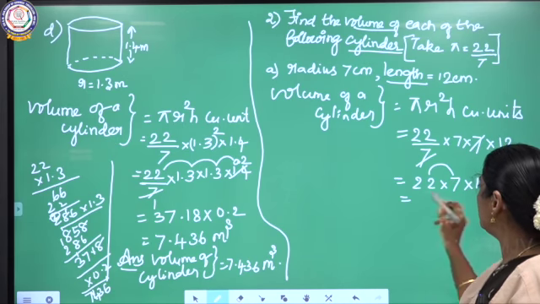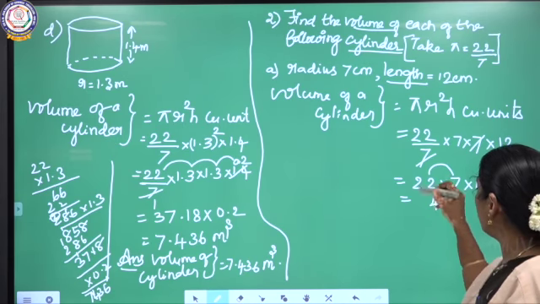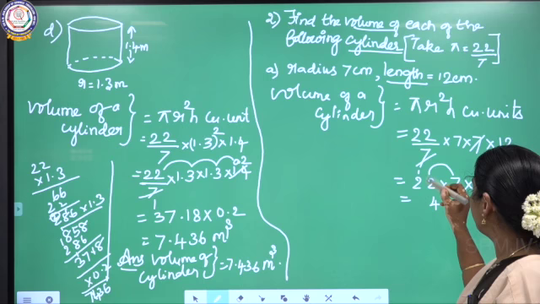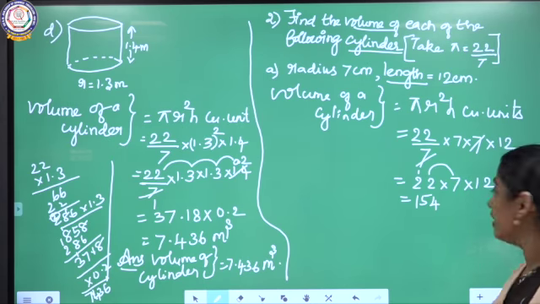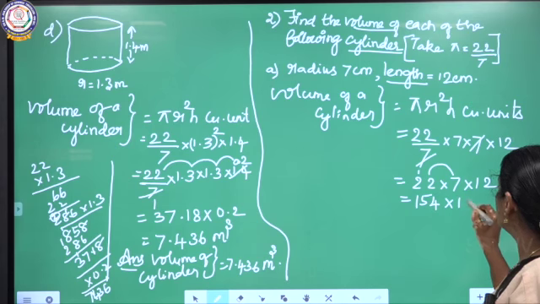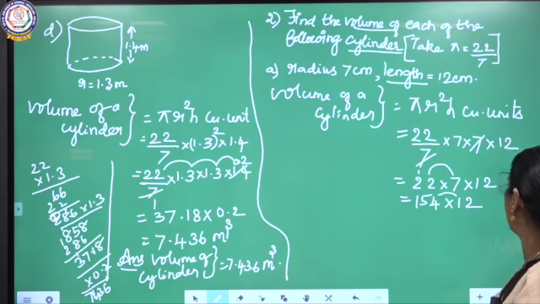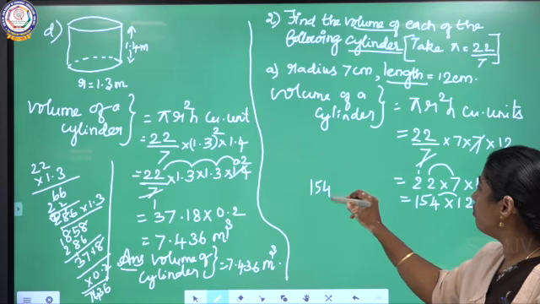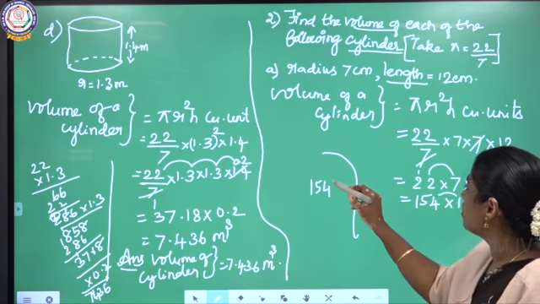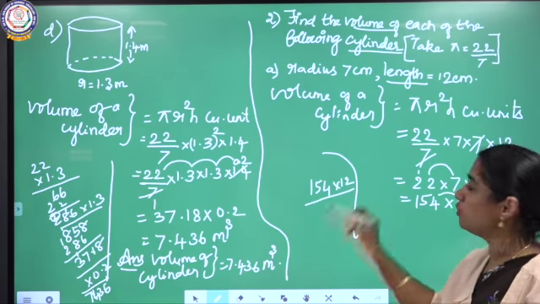First, when I multiply these two, 7 2s are 14, balance 1, 7 2s are 14, 14 plus 1 is what? 15. So 154 into 12. Shall I do this in the rough column? 154 into 12.